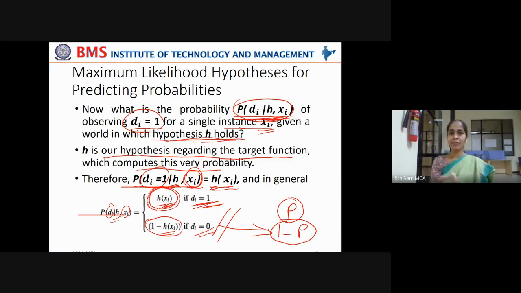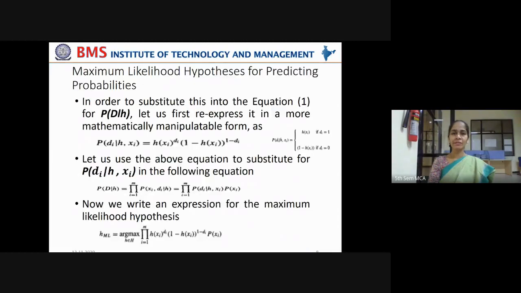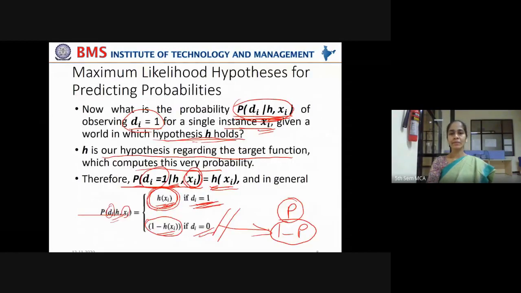If the patient is surviving, the event is happening, h of xi. If the patient is not surviving, di equal to 0, outcome is equal to 0, that event is not happening. So it is 1 minus h of xi. I hope it is very clear now. Can we proceed further? Any doubts, students? Till here? In this representation?